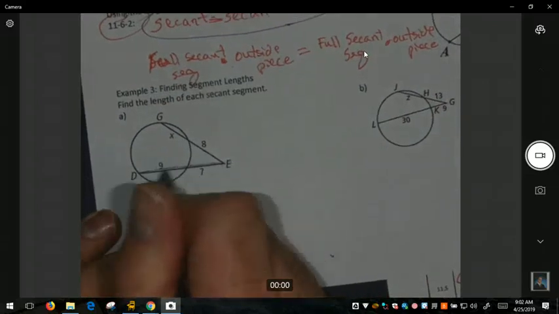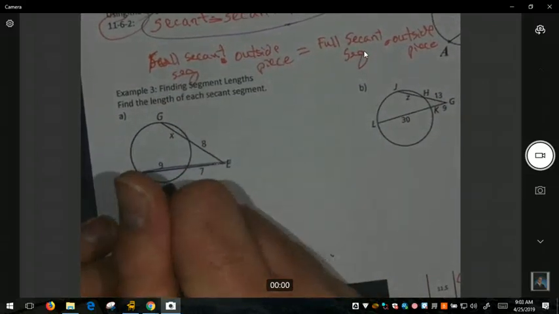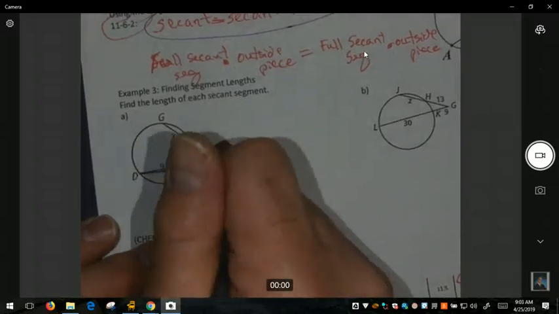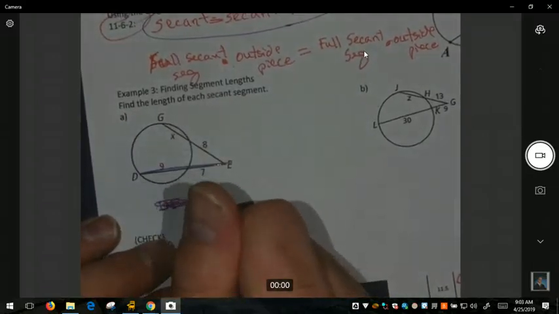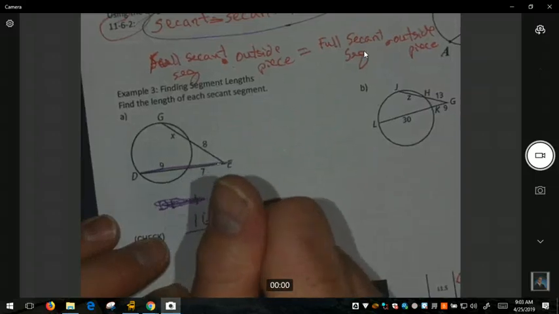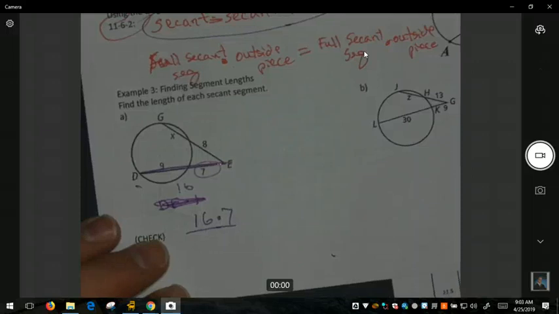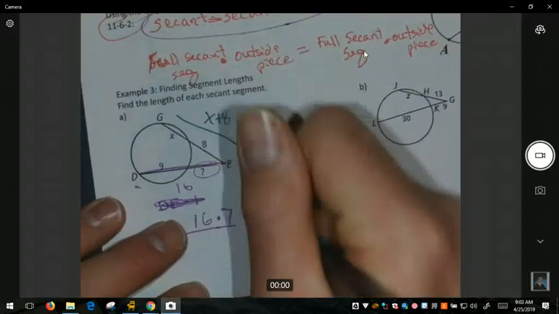So we have this full length here, 9 plus 7 is 16. So we have to do DE times the outside piece. So we've got 16 times 7. That's the full piece and the outside piece. The full piece for GE will be x plus 8.